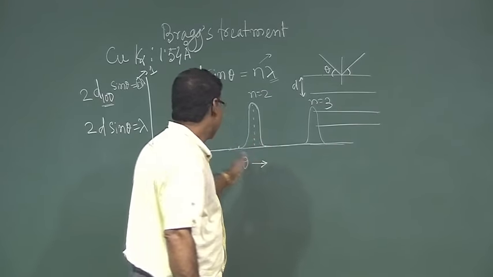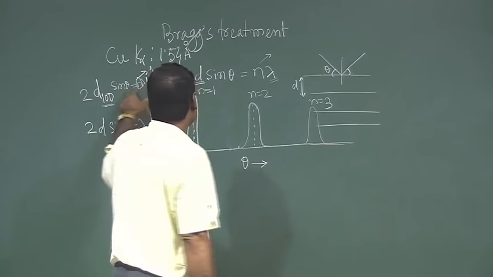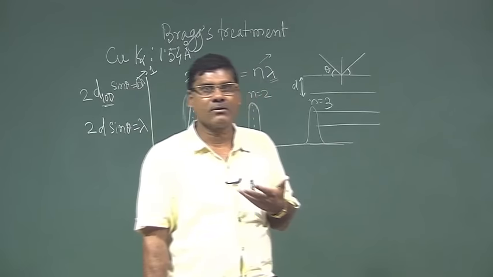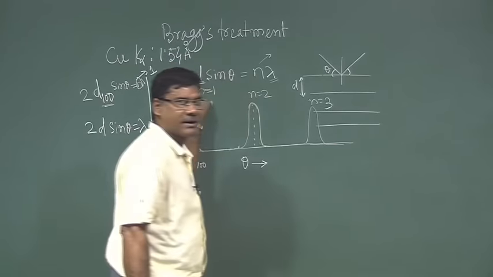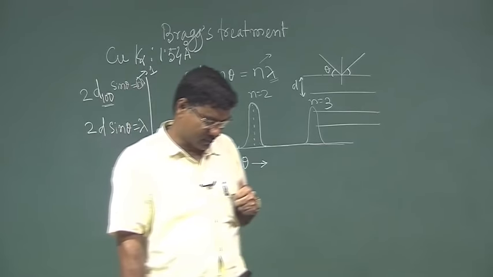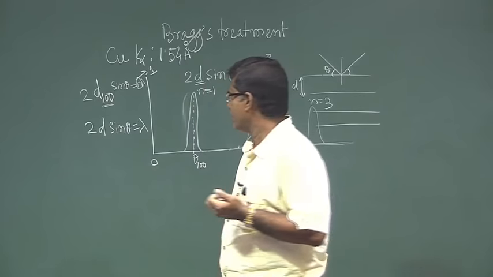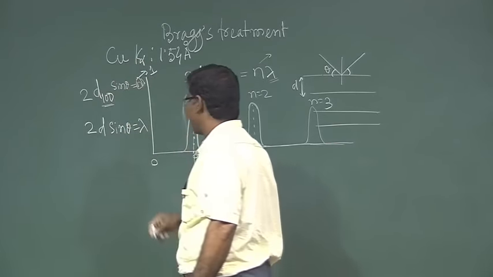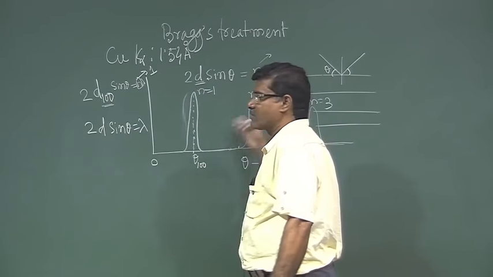We can take any one order and put the corresponding angle here, but generally we take the first order, so all the time we use n equal to 1. But one has to be careful, because sometimes the second order peak also appears.